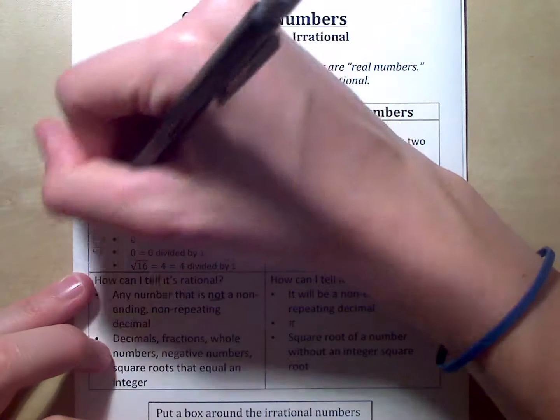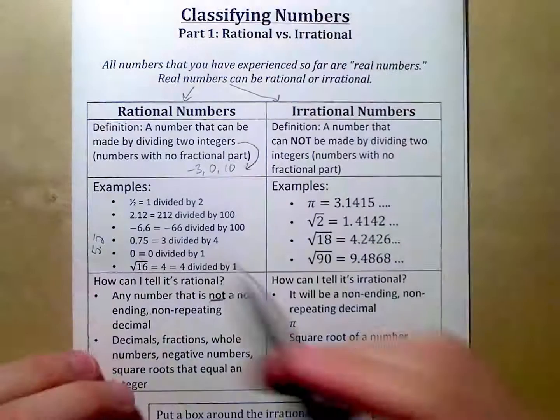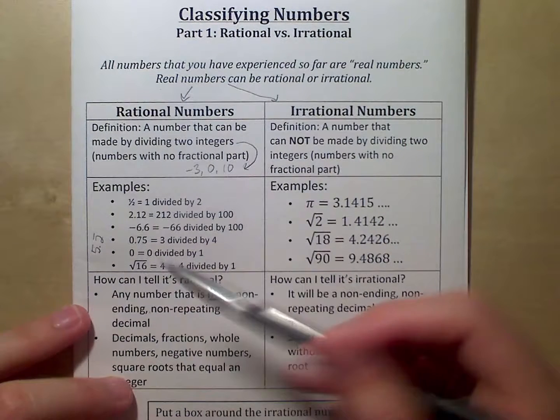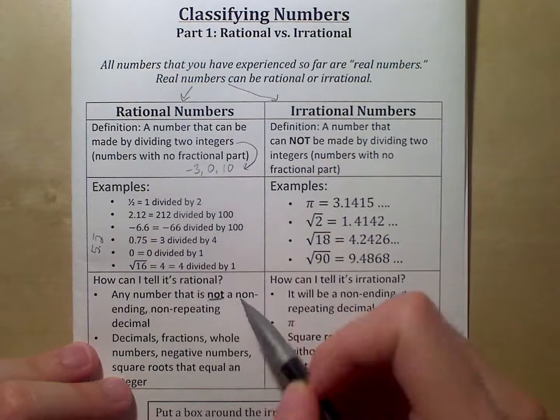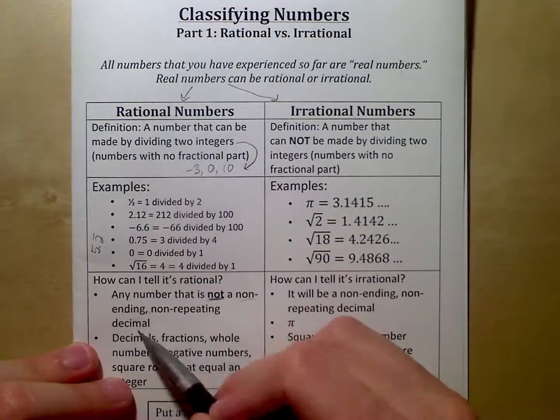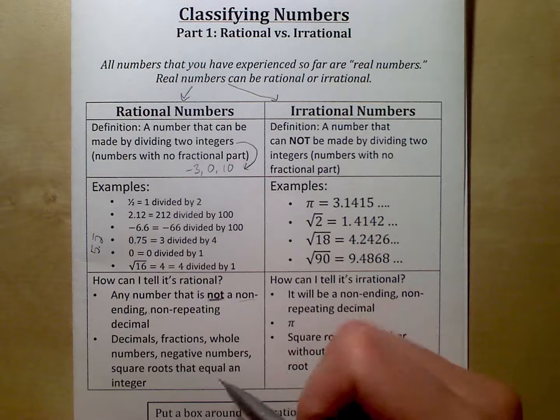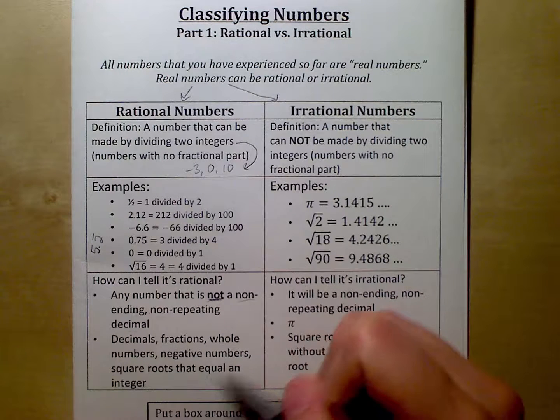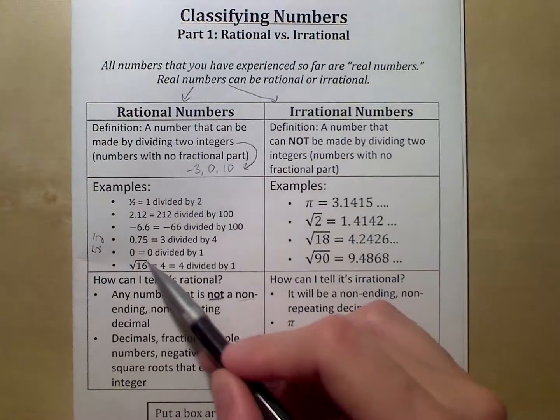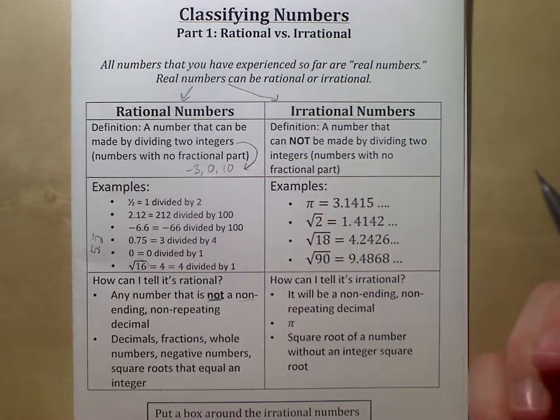That means 5.2222222 forever. That's rational. So as long as they're not non-ending, non-repeating decimals, they're rational. That includes decimals, fractions, whole numbers, negative numbers, and square roots that equal an integer. For example, the square root of 16 is 4, that's an integer.